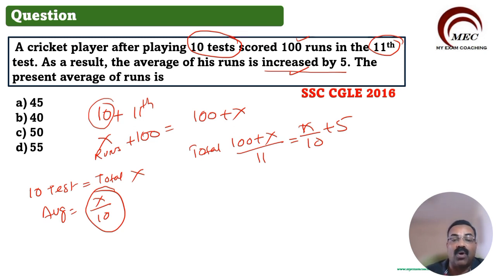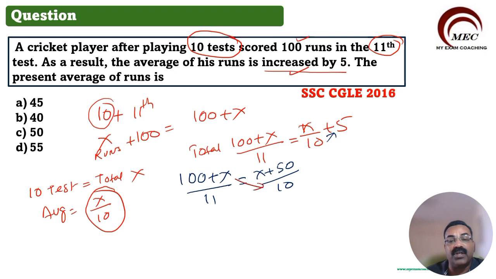Let me solve it for you. 100 plus X divided by 11 is equal to, if I take the LCM here, 10 into 5 will become 50, that is X plus 50 by 10. Let us go for a cross multiplication.